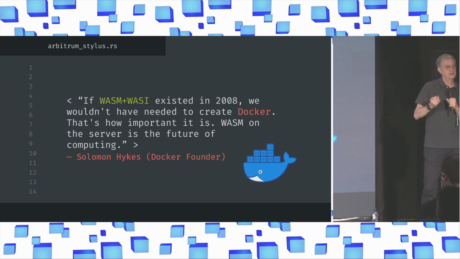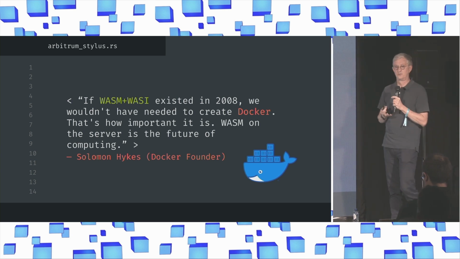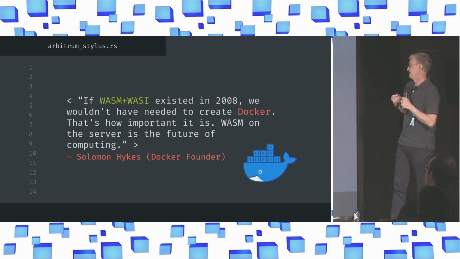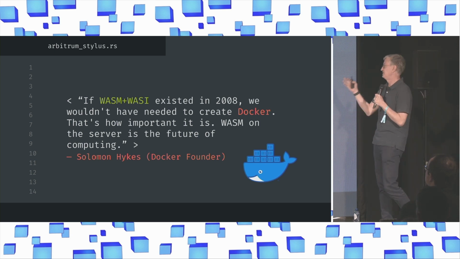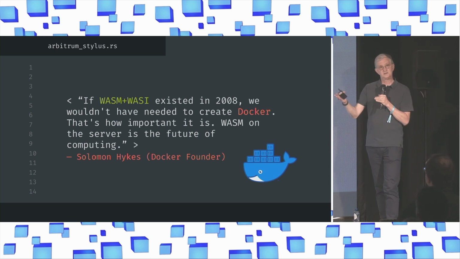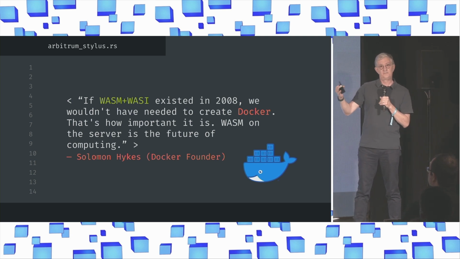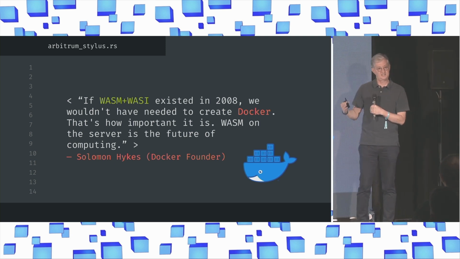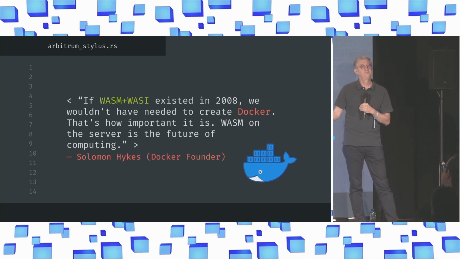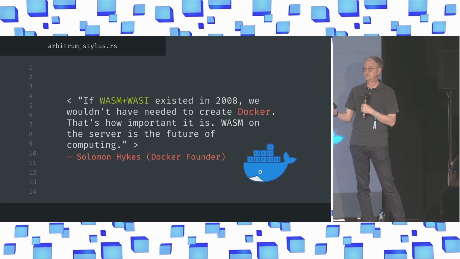WASM is a big deal, and I want to give a little bit of a sales pitch for WebAssembly. Here we have the founder of Docker saying, if this stuff had existed in 2008, we would never have needed Docker. WASM is designed for the purpose of securely running untrusted code fast in an internet environment. It's used, for example, in browsers.